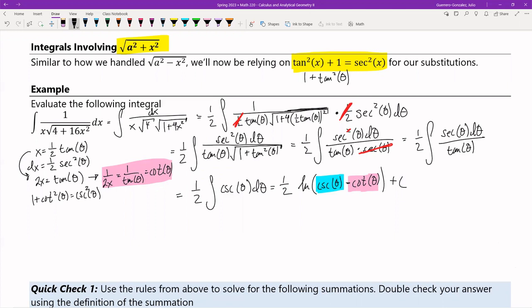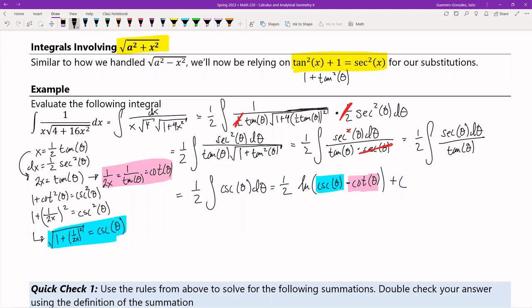So 1 plus cotangent squared is 1 plus 1 over 2x squared, since cotangent is 1 over 2x. And this should be equal to cosecant squared theta. Therefore, our final, the square root of 1 plus 1 over 2x squared should be equal to cosecant theta. We have the expression for our blue section.